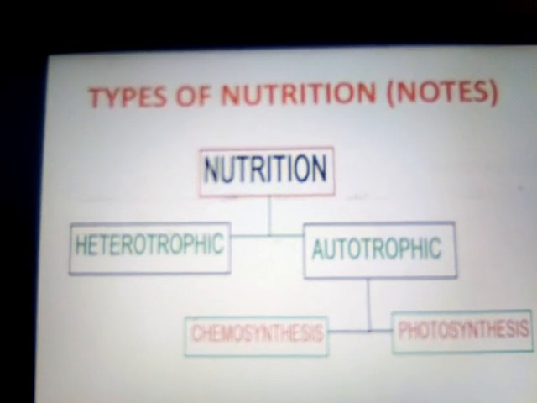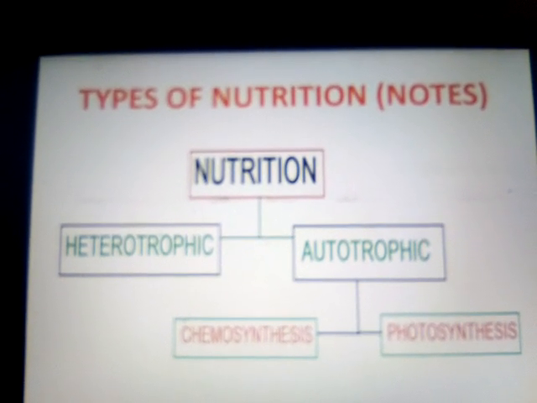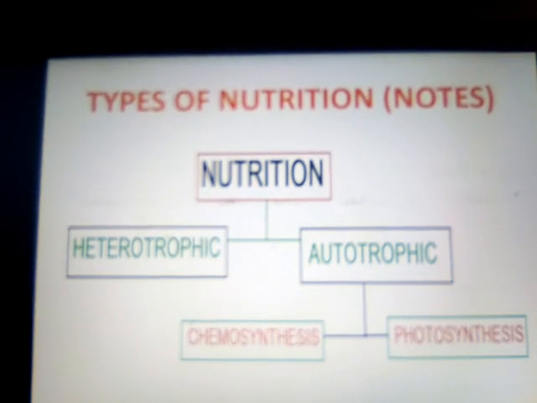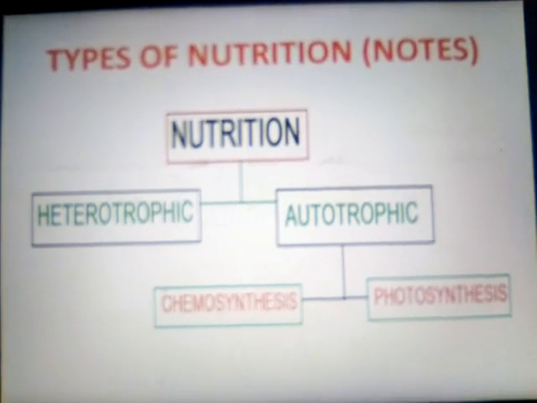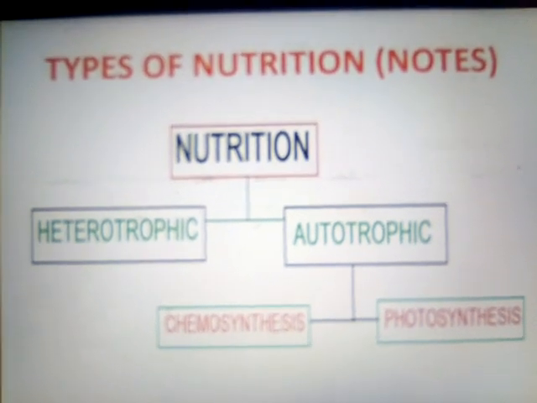There are two types of autotrophic nutrition. That is photosynthesis and chemosynthesis.